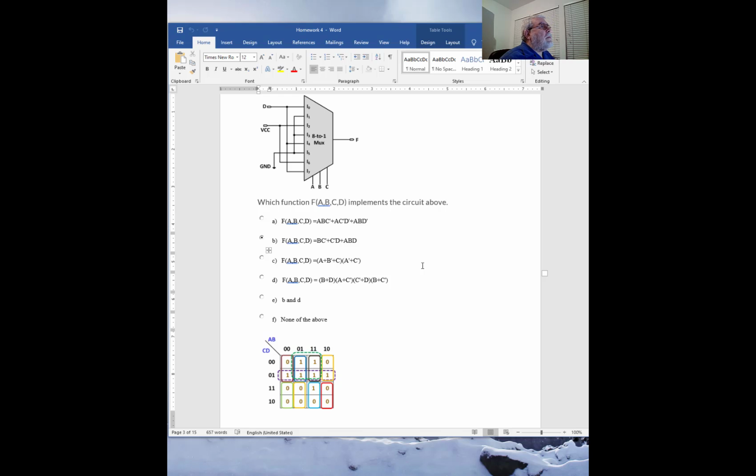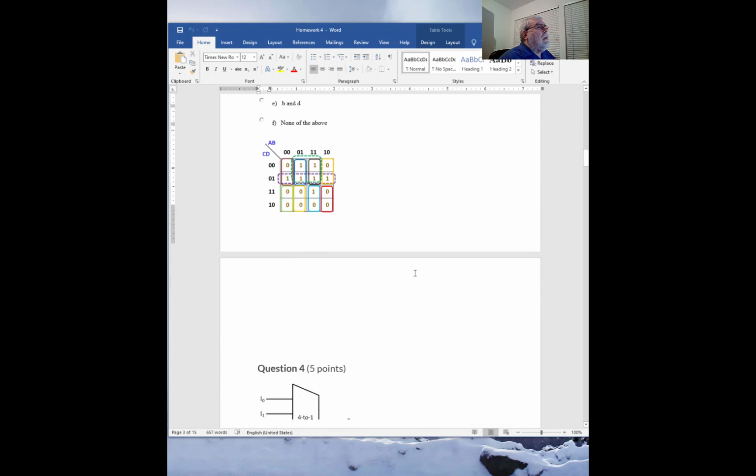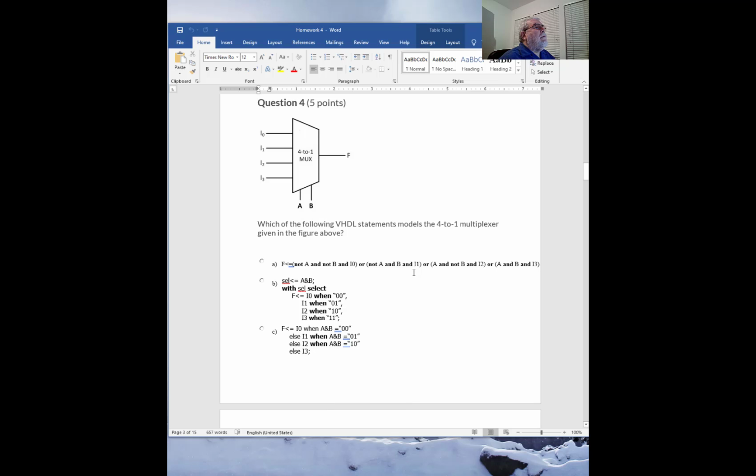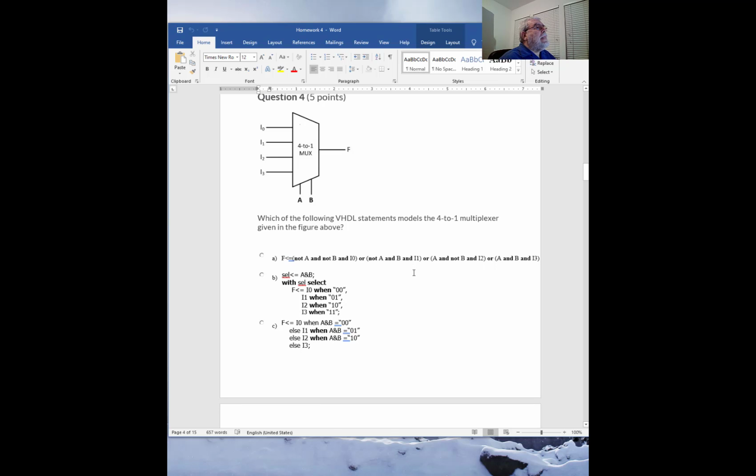Another question, number 4, of multiplexers. But in this case, we're asking for code in VHDL to implement that. And then we have 4 different expressions. They're asking which of the following VHDL statements models the 4-to-1 multiplexer given in the figure above. We look at the first one.